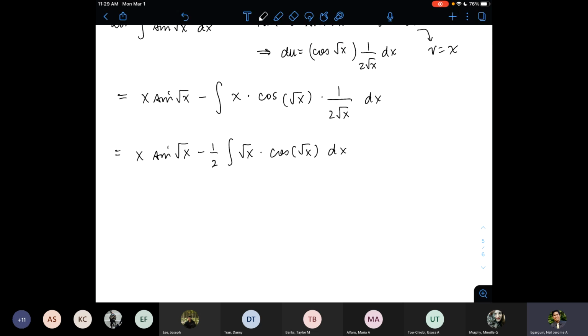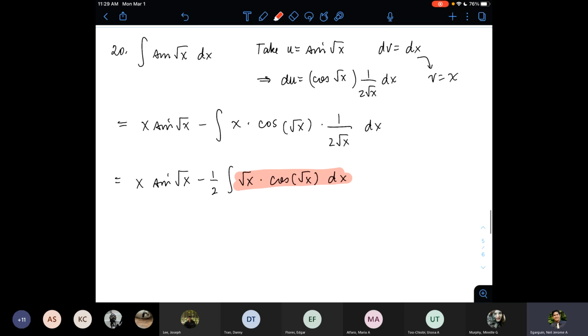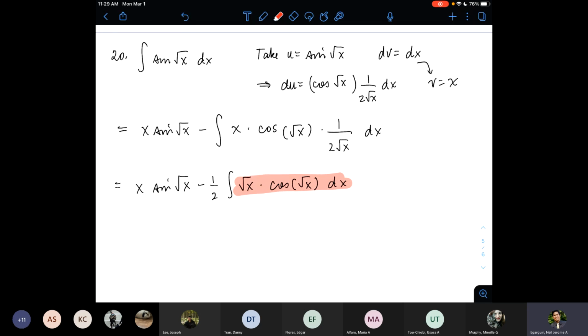Okay, guys? Now, I think here we need another IBP because we ended up with another complicated integral over here, okay? And u substitution, can we do u substitution here? I don't think we can use u substitution. So I'll try IBP again.